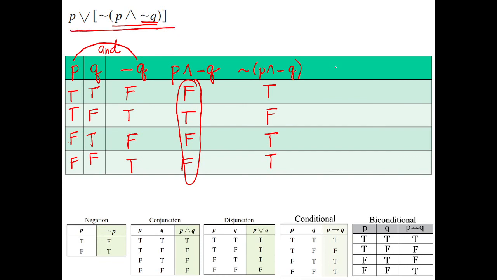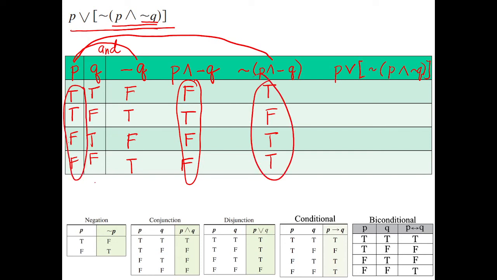Next, the whole thing. We have P or not (P and not Q). So I will or this column with P. What is true or true?